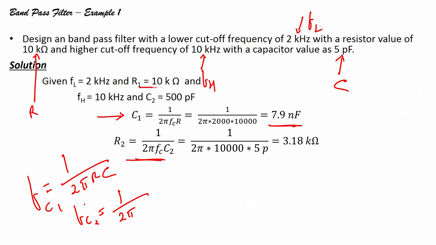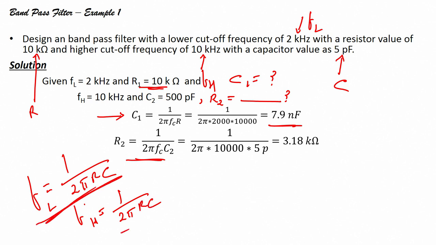We know the value of R1 but we do not know the value of C1. Here we know the value of C2 but we do not know the value of R2. So, the first is the equation for FL, and this is the equation for FH. From these we can find R1, C1, R2, C2.